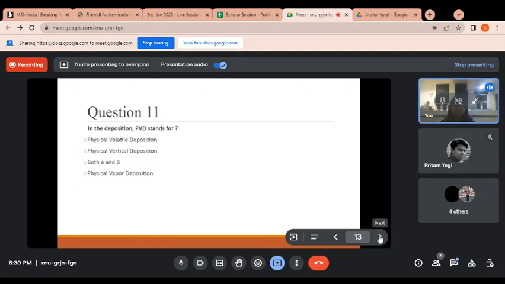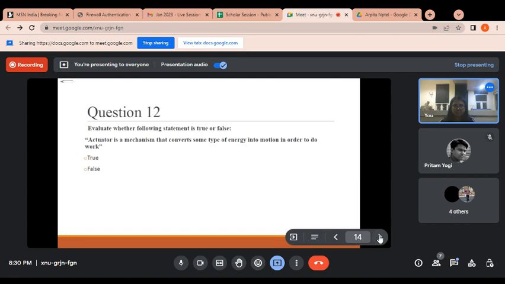So we are moving towards the next question. Question number 12. Evaluate whether the following statement is true or false. Actuator is a mechanism that converts some type of energy into motion in order to do work.